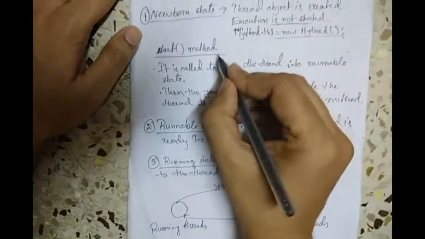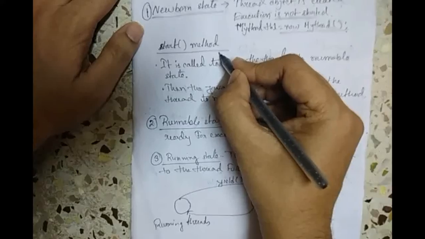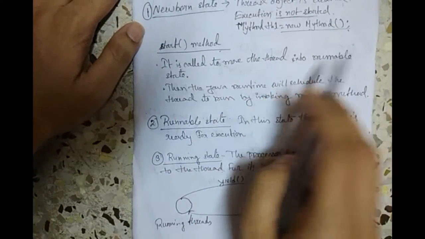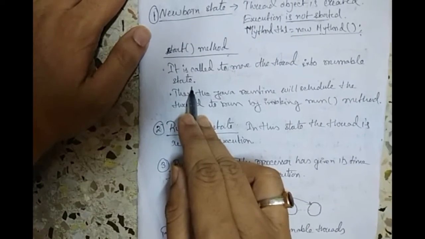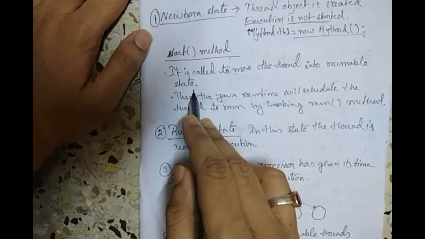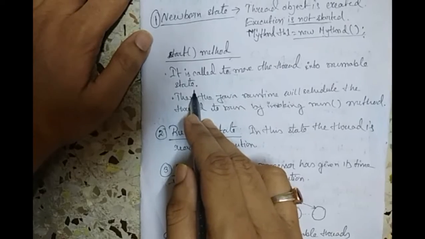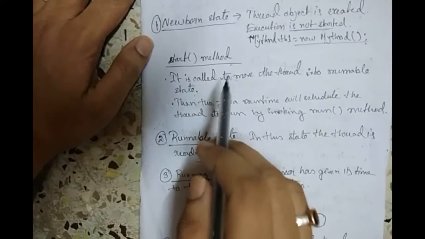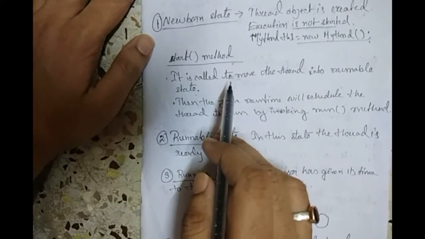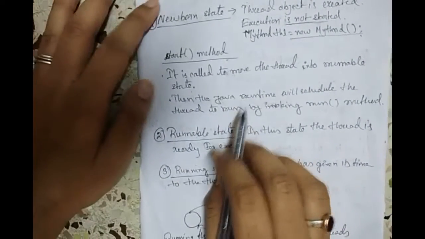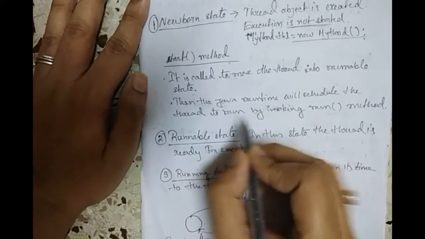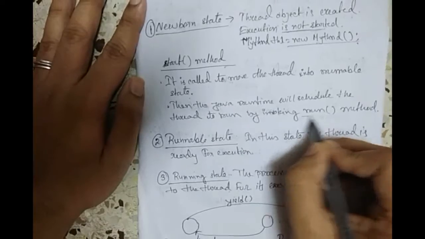Next, we come to the definition or the working of the start method. It is called to move the thread into the runnable state. Whenever a thread calls the start method, the thread goes from the newborn state to the runnable state. Then the Java runtime will schedule the thread to run by invoking the run method.